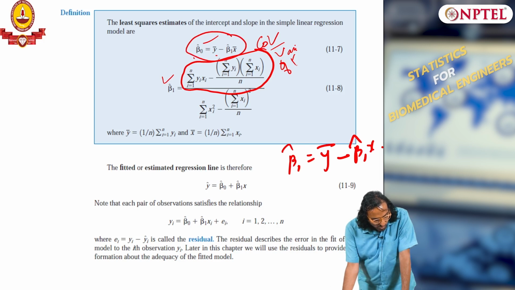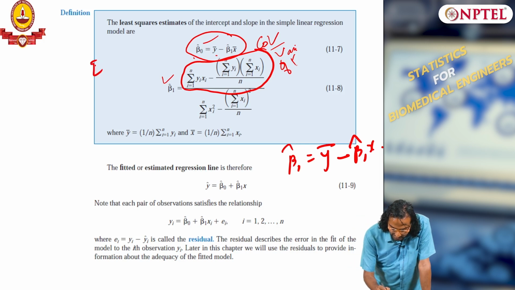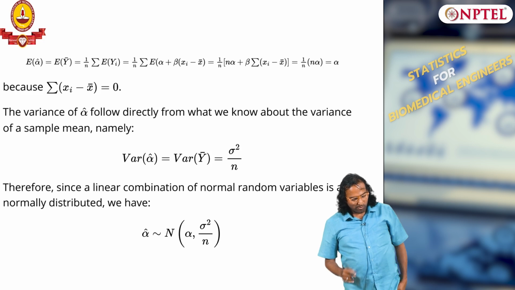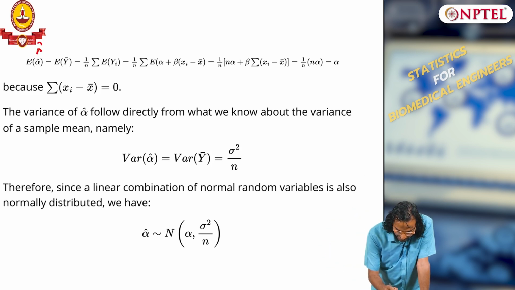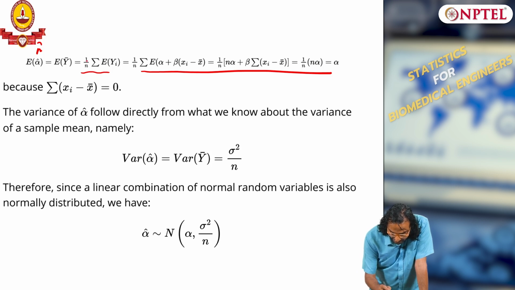And now what is the expected value of beta naught hat? Is it going to be 0? Expectation of beta naught hat is nothing but the expectation of y bar, which I have derived here, okay. Y bar is nothing but the sum of yi divided by n.